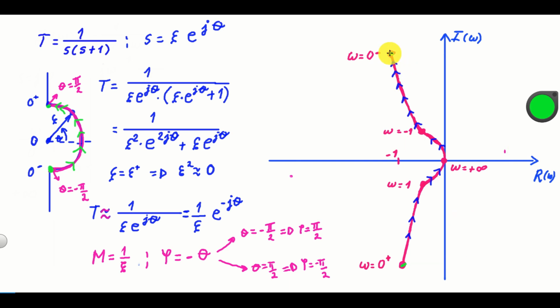Or do we go like this? Let's find out. This equation will help us figure out how we move. When theta is minus pi over 2, that is when we are here, we are here. Okay. Now, what happens when we reach this point? Where is this point mapped?